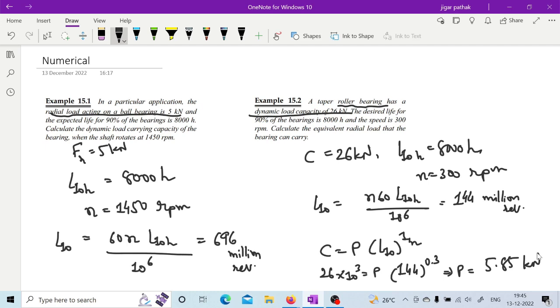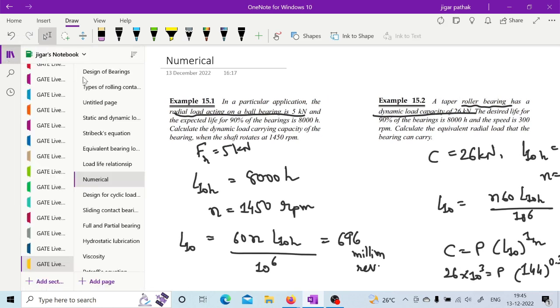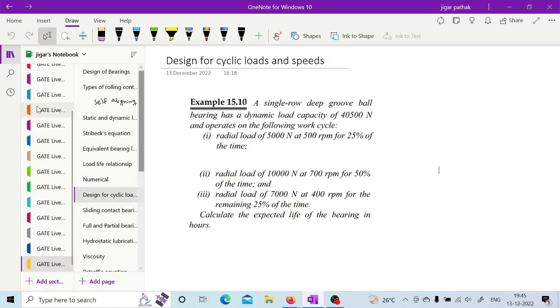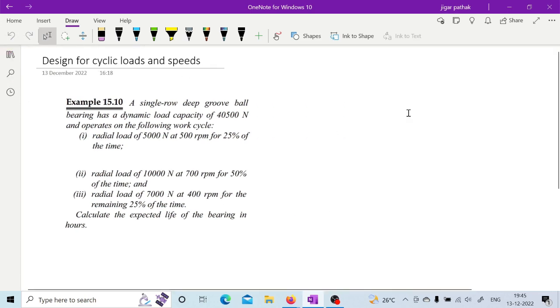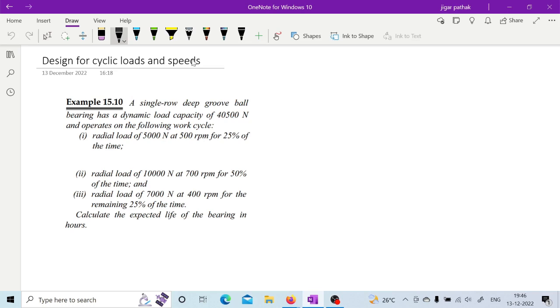Okay, so this is how you can have an idea about this dynamic load capacity and the load acting on your bearing. Once you have an idea about this rated life, and the relation between the dynamic load carrying capacity and the radial load acting on your bearing, then sometimes it is required to consider the design for cyclic loads and speed.